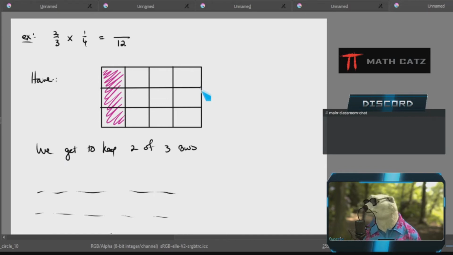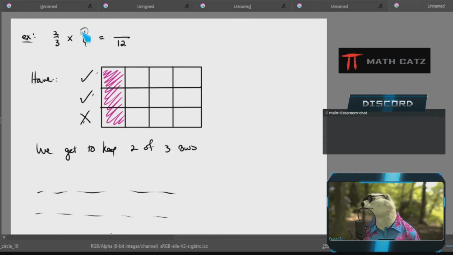Now, how do I get the numerator? Well, we get to keep 2 of the 3 rows. So we said yes, yes, no. Now, if this was maybe bigger, I would have more pink.